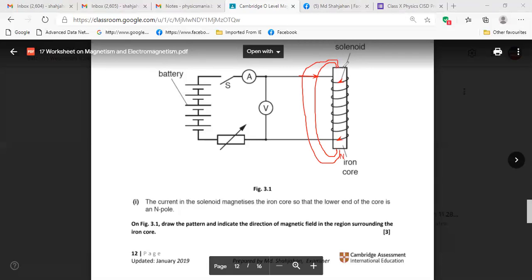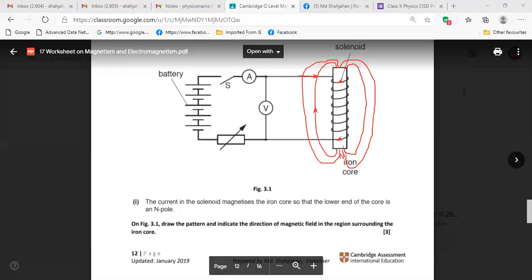The way you will draw, they will be closer at the poles. This way they will be closer at the poles. And the direction you also show here. If you show the direction on at least one line, it will be enough, okay? Yes, sir.